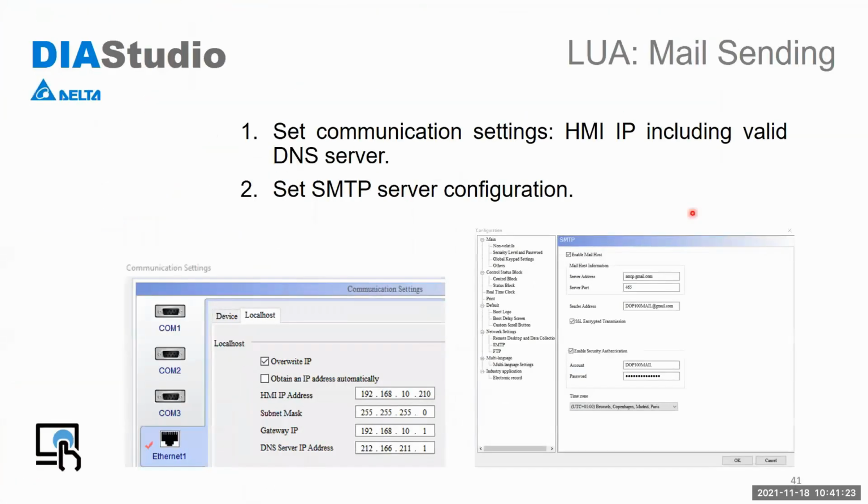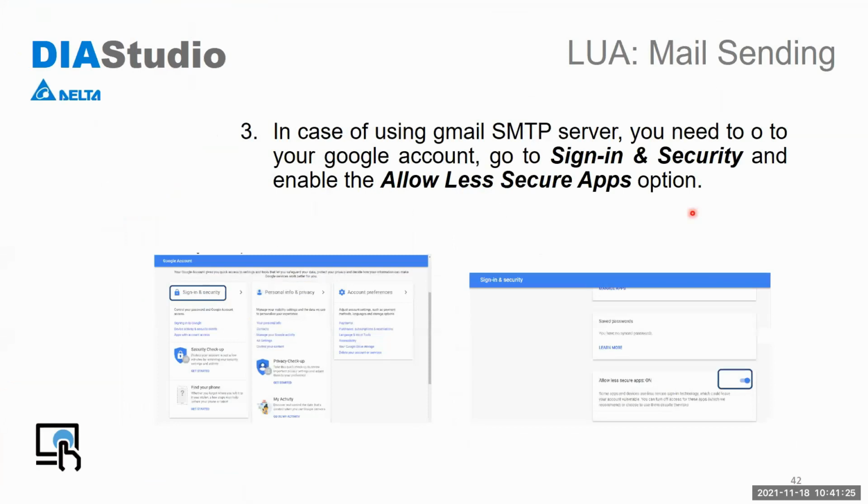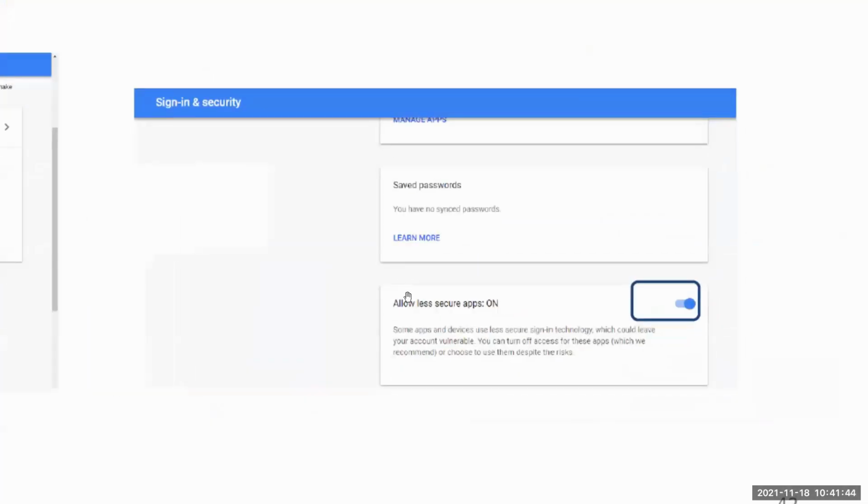Once we have done that, we need to move to our SMTP server. For instance, in case you want to use Gmail, which is very popular, the Gmail SMTP server, you need to be sure that you enable this: the allow less secure apps. It needs to be on.